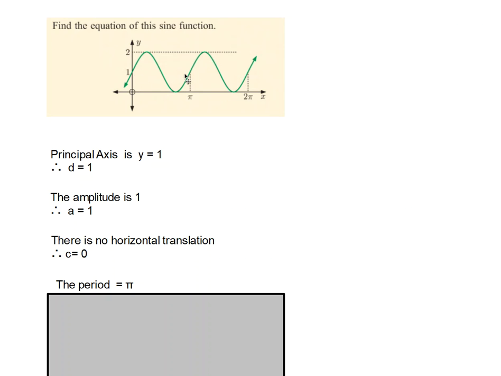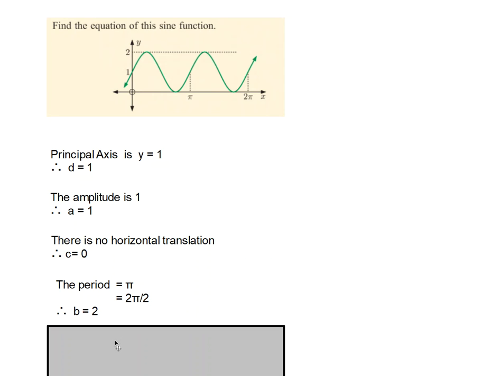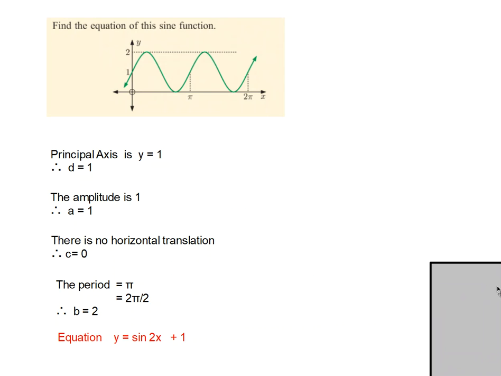So the period is pi. And that means, because pi is 2 pi over 2, that B equals 2. So we have identified A, B, C, and D in the general form. So A goes here, is 1. B goes here, is 2. C, well, that was brackets x take 0, so it's just x, and on the end is plus D, so we'll identify the equation.